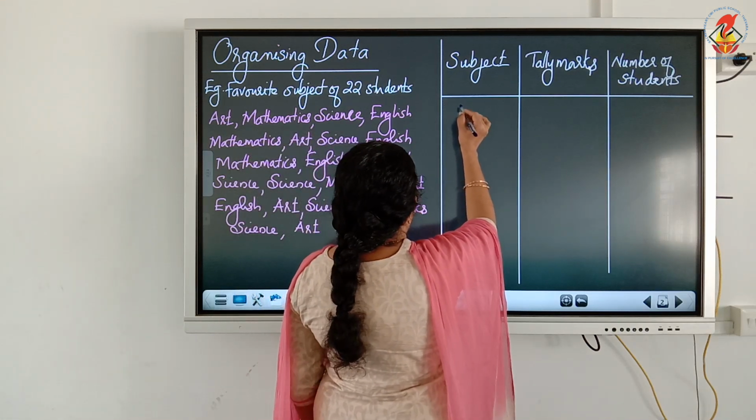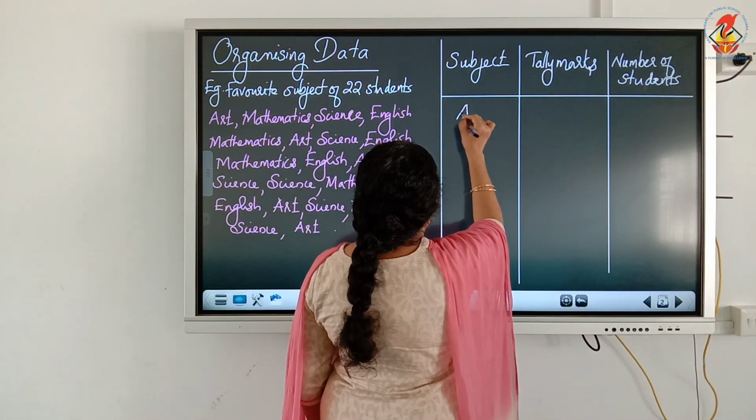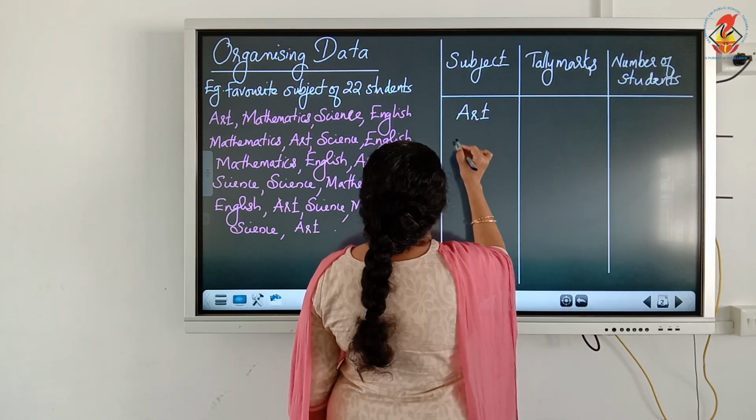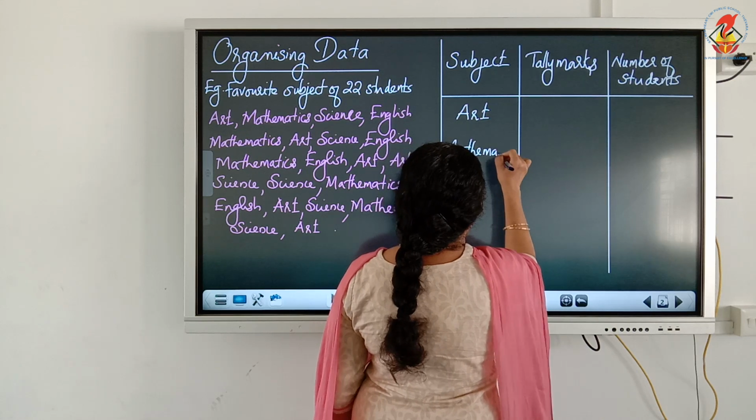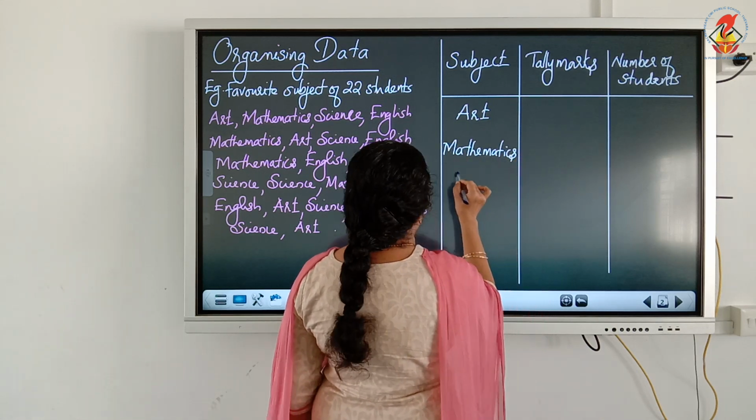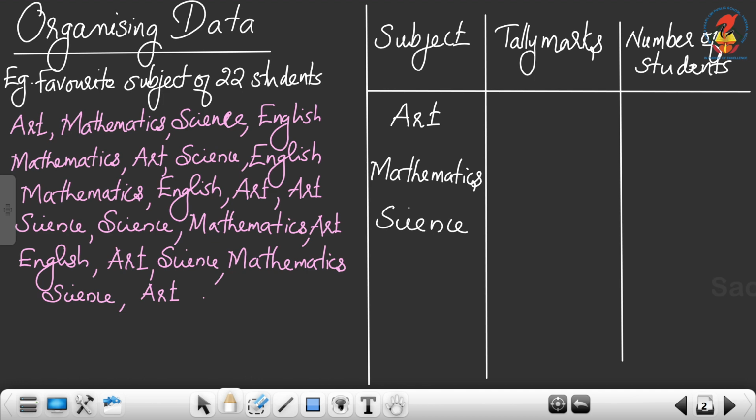Then subject: art, then mathematics, science, and English. Now we have to put the tally marks. First subject is art. We can put a vertical stroke. This vertical stroke is known as the tally mark.